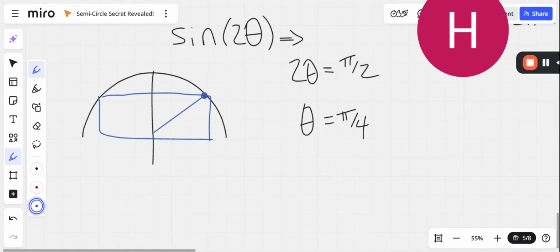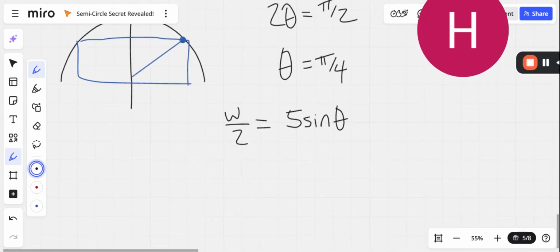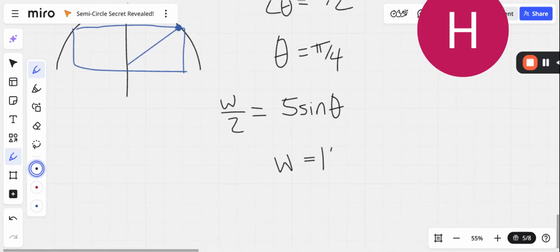Let's go back to our substitution that we made, which says that w over 2 equals 5 sine of theta. Technically, that means that w equals 10 sine of theta. And now we have a theta value.